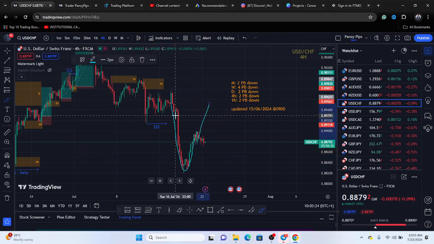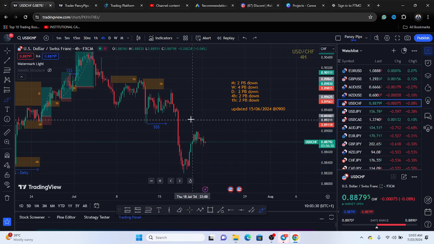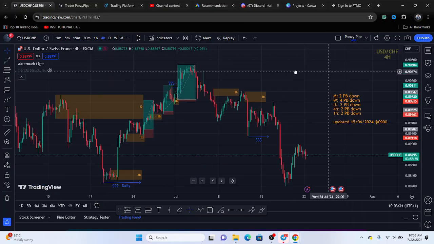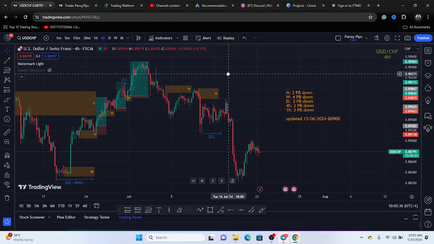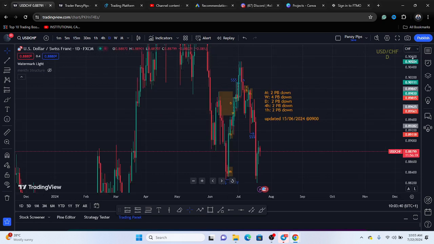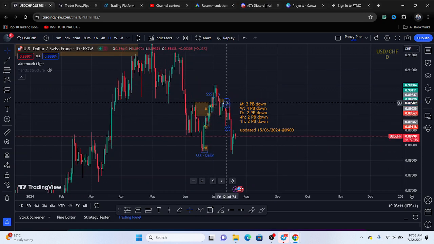So we pull back, look for a zone in these areas, and then go all the way down, target future liquidity. Okay, so quick analysis, let's go. Let's start from the daily. Alright, the daily was hitherto bearish, but what happened?